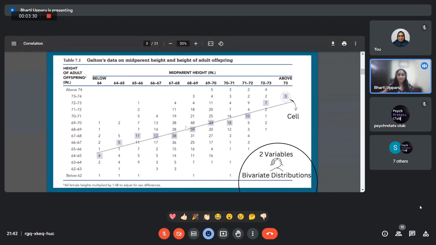Also, don't worry about this line. Galton just wanted to see the medians of all these data sets for all these columns, and he observed a straight line as a pattern.